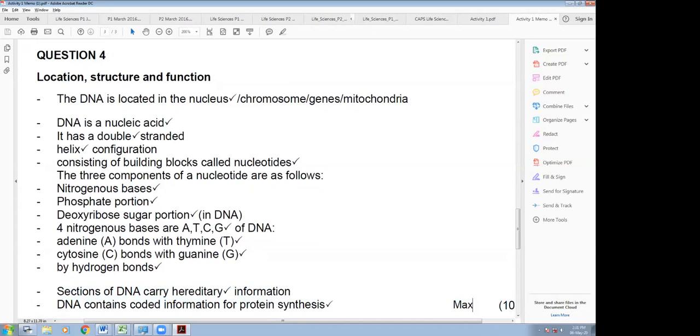And that code is then taken to the ribosome, where translation will occur and the correct sequence of amino acids will take place to form the protein based on the DNA's code, right? So the role in protein synthesis is that it contains the code for which protein needs to be formed, right?